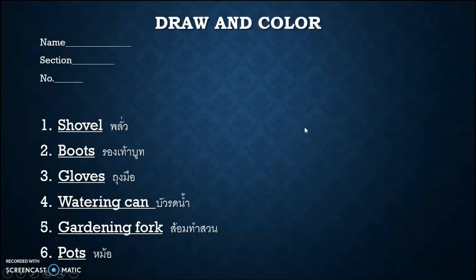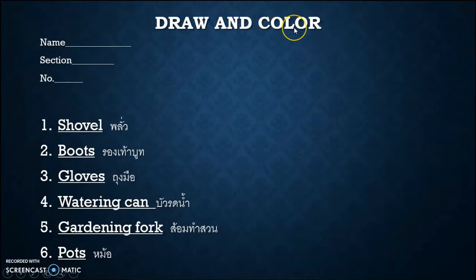Materials. Right? Okay, using your notebook or any piece of paper. Number 2, boot. Draw and color. Okay, draw the boots in your paper. That's number 2.